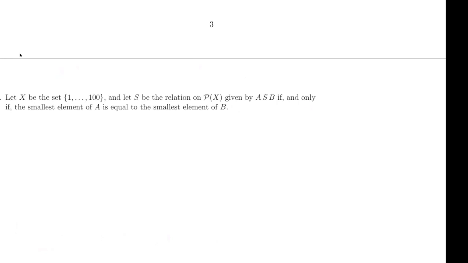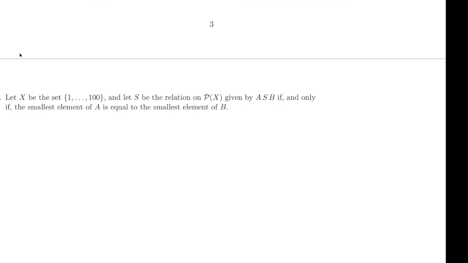Okay, so when you're thinking about these relations, if you're getting stuck about what to do, it might be good just to think about a couple of cases just to make sure you understand what this relationship is, how it's defined.